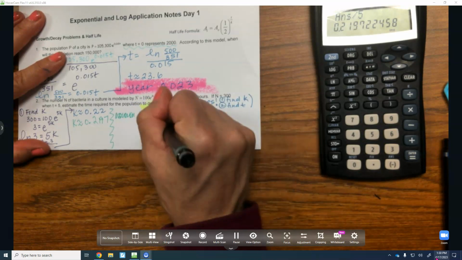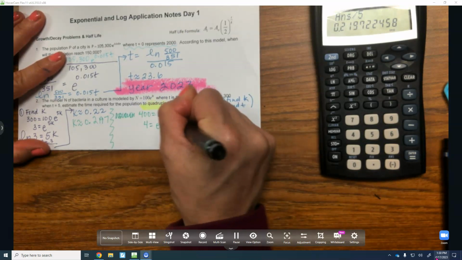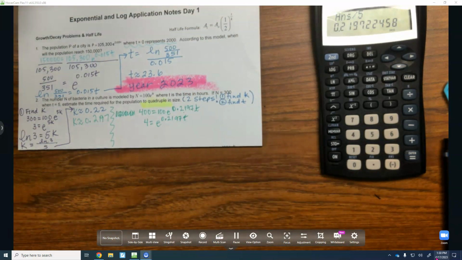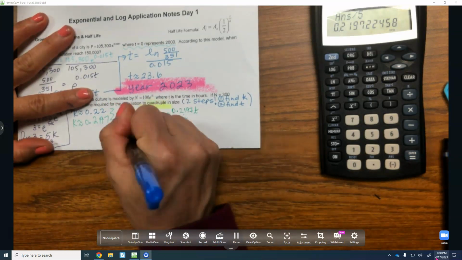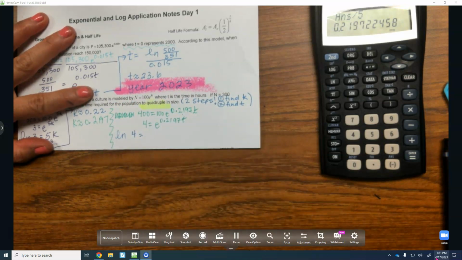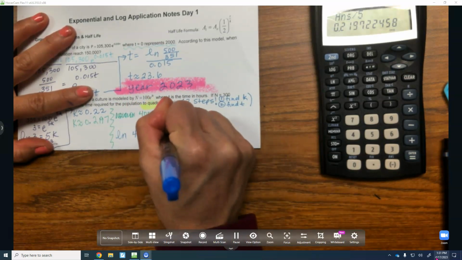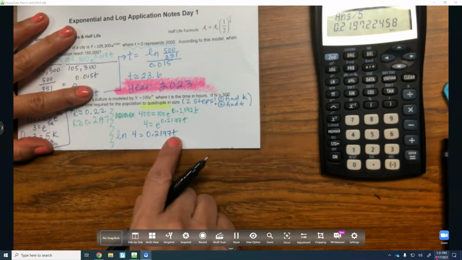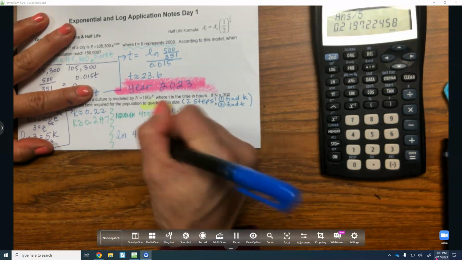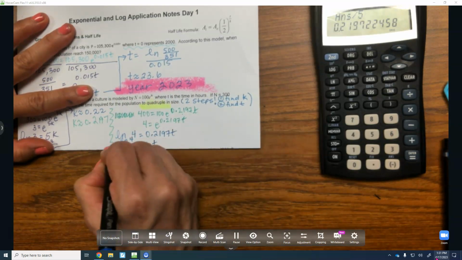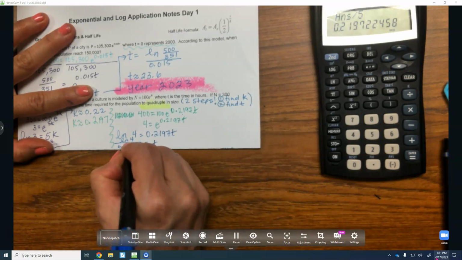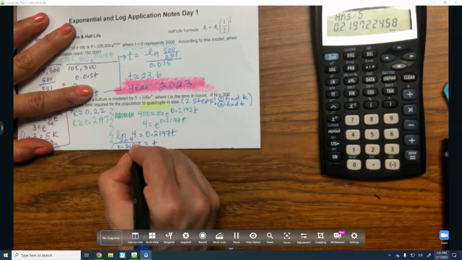So 4 equals e to this exponent right here. Let's go ahead and convert this to log form. When we convert this to log form, remember it is going to be natural log of 4, and it always equals the exponent. So 0.2197t is going to be over here on the right side. Let's get t by itself. So t is going to equal ln of 4 divided by 0.2197.